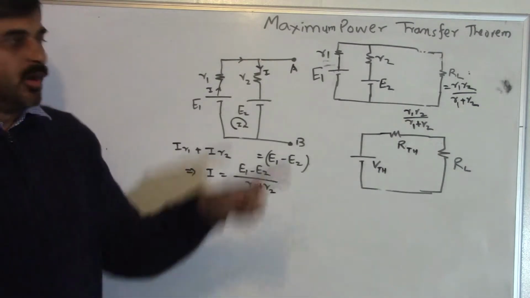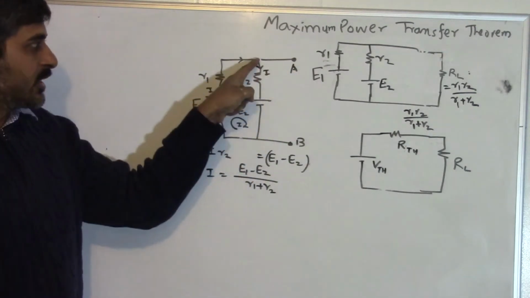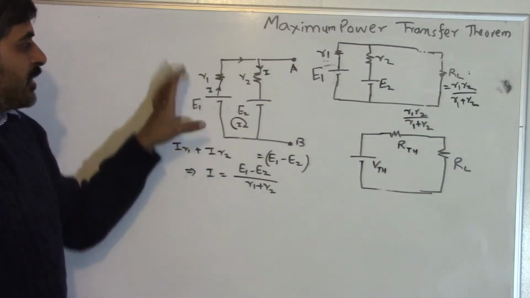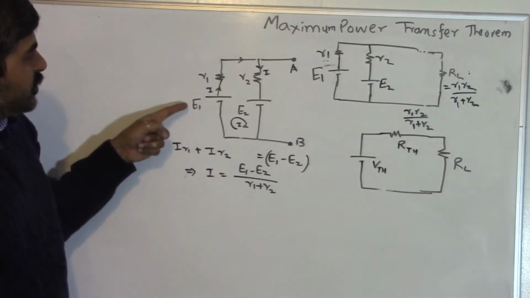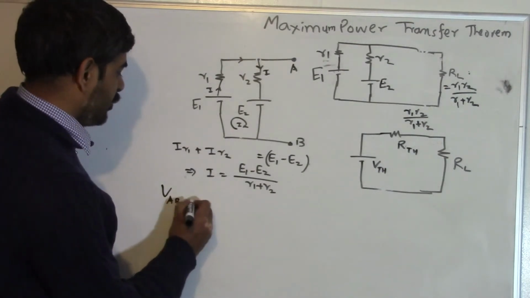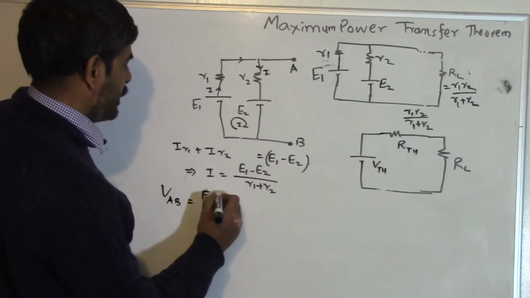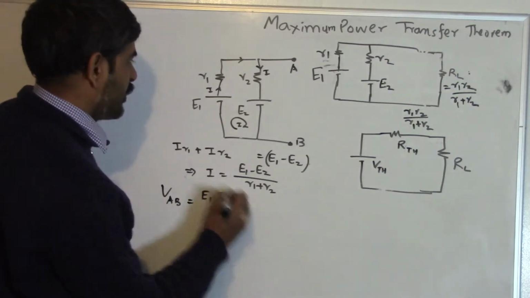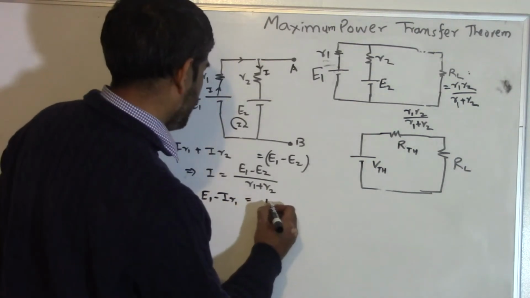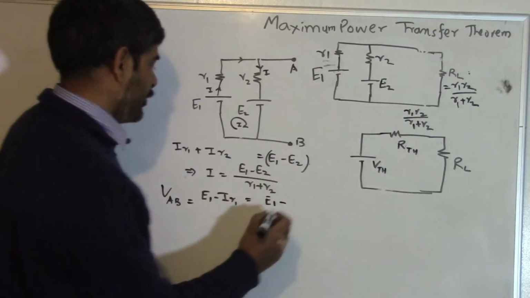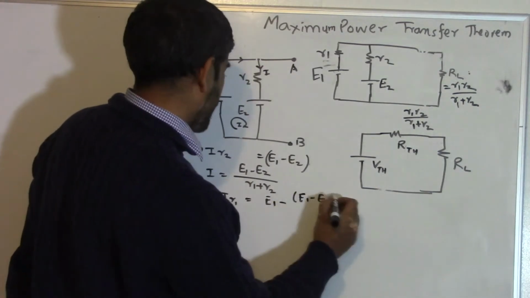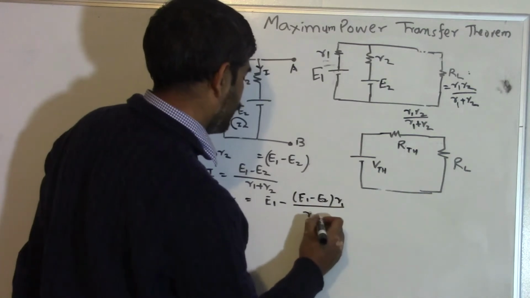To find out the voltage of A with respect to B, we can take either this branch or that branch. The voltage will be E1 minus I R1. So VAB is E1 minus I R1, which becomes E1 minus E1 minus E2 multiplied by R1 divided by R1 plus R2.